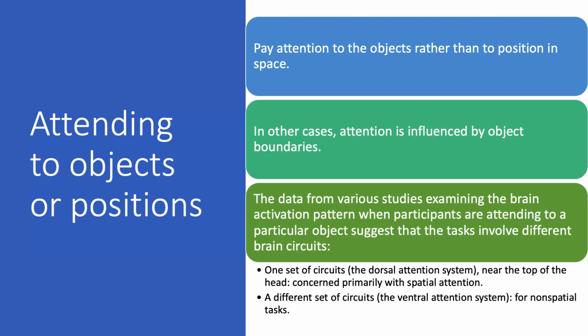One set of circuits, the dorsal attention system, near the top of the head, is concerned primarily with spatial attention. A different set of circuits, the ventral attention system, is for non-spatial tasks.